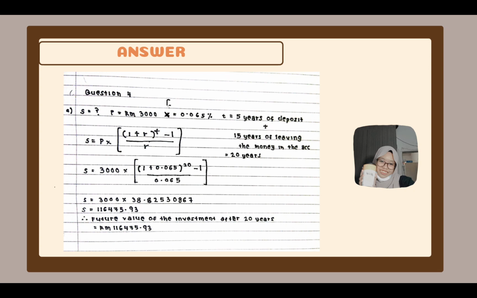And then the second step is S equals to 3000 multiply 35.82530867. So the answer we get is 116,475 ringgit 93 cents.